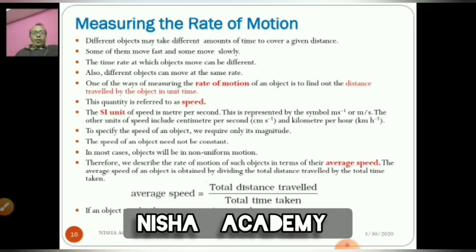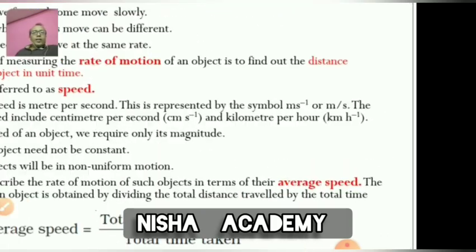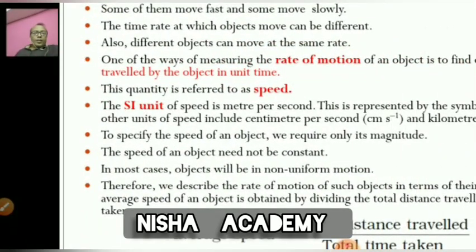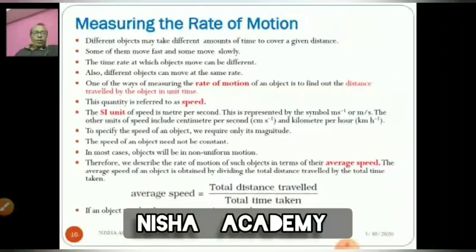Also, different objects can move at the same rate. One way of measuring the rate of motion of an object is to find out the distance travelled by the object in unit time, and this quantity is referred to as speed.